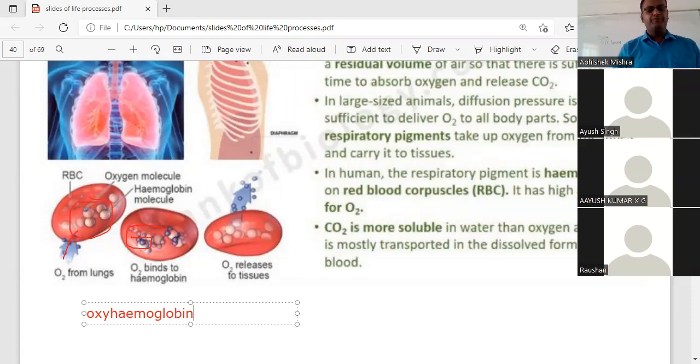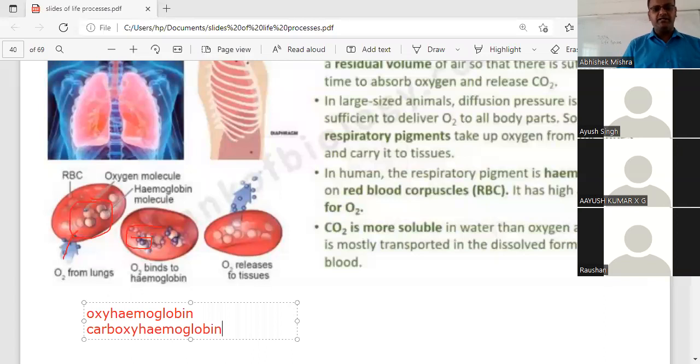In the tissue, the hemoglobin releases oxygen, and the CO2 which is produced in the tissue combines with hemoglobin in the form of carboxyhemoglobin. In the form of carboxyhemoglobin, this carbon dioxide is carried from the tissue to the lung for giving out of the CO2.